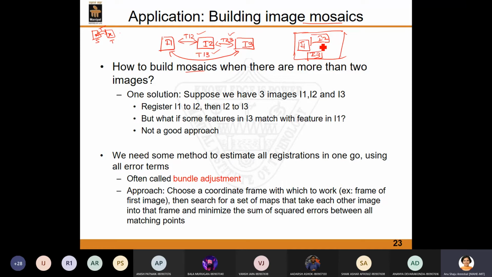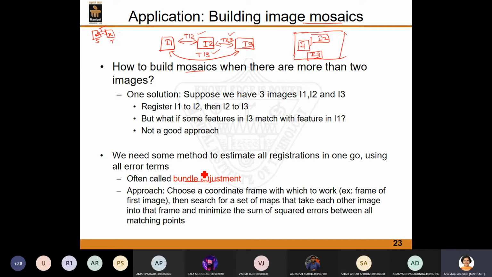This technique, in which we find all these transformations using the same reference coordinate, is what you call bundle adjustment. This concept is also important when you're dealing with 3D reconstruction.